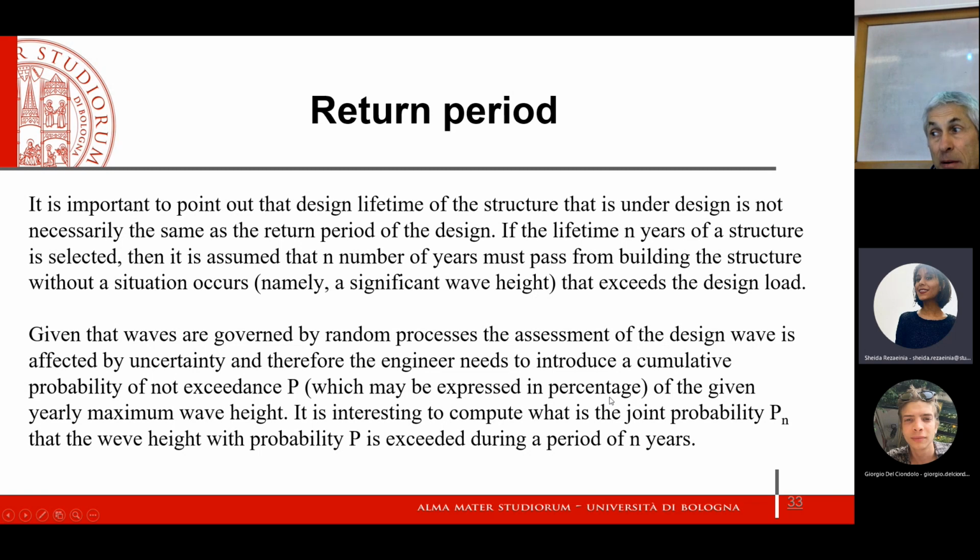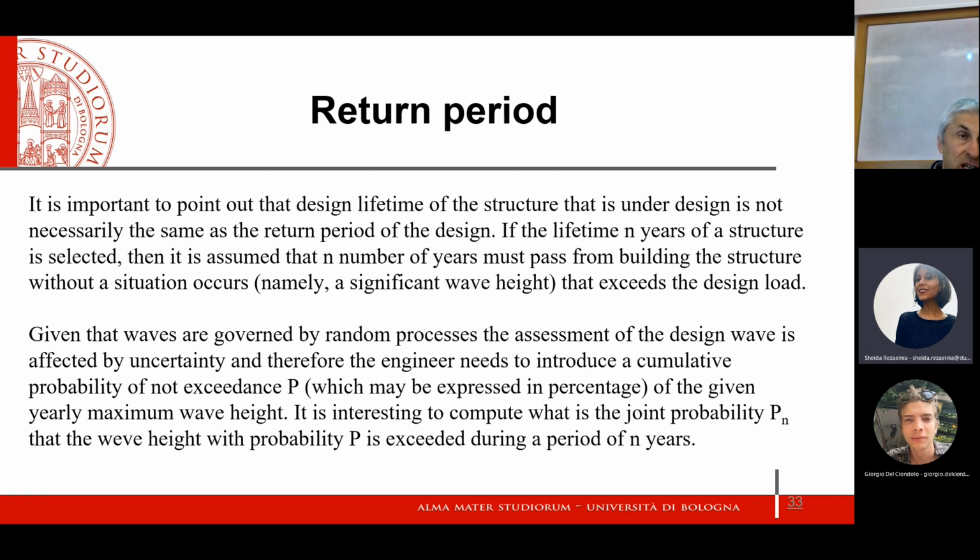What is the probability that the wave height, here there is a spelling error, with probability P is exceeded during a period of n years? So let's try to understand the relationship between the probability of an event and the return period.